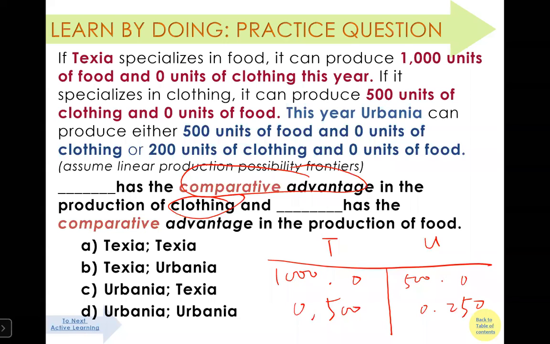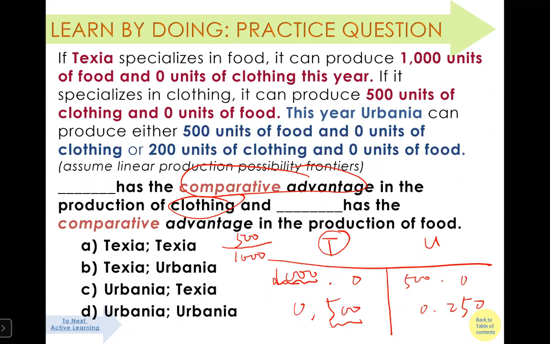So let's see the opportunity costs of producing clothing. For Texia, in order to produce 1,000 clothing, they give up 500 food. So the opportunity cost of clothing is 500, the cost they give up, divided by 1,000.